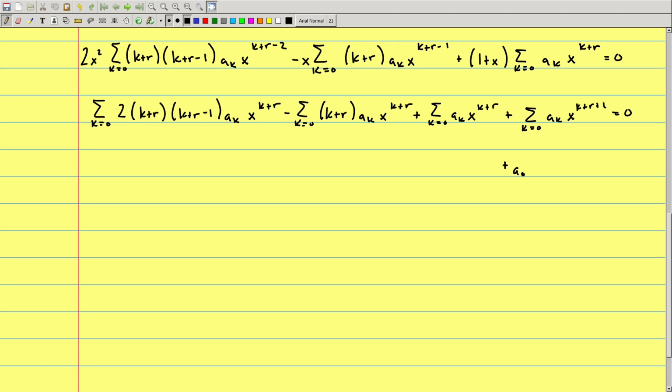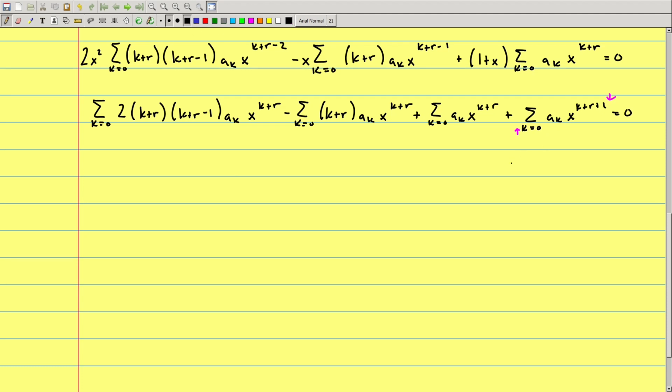So we're going to get a_0 x to the r plus 1 because k is equal to 0. I'm sorry, excuse me. I skipped a step. What we need to do is reduce this index, which is going to increase this index. I have to do that first before I split off the term.